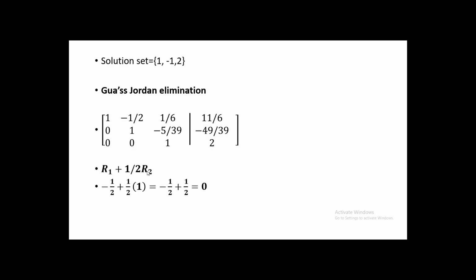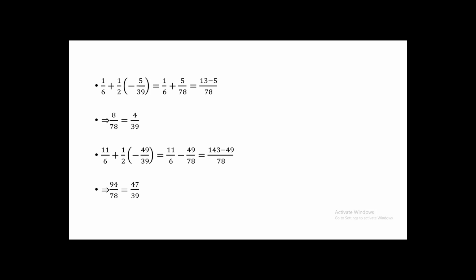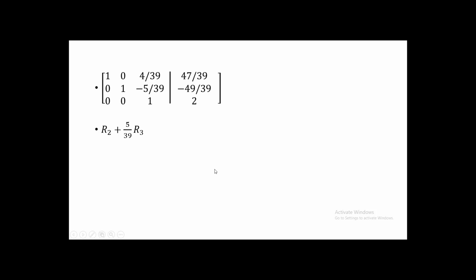The next element will be 1 by 6 plus 1 by 2 into minus 5 by 39. So this is what you get here, 4 by 39. Then for 11 by 6 plus 1 by 2 into minus 49 by 39, this is the final answer you'll get. Out here, see, 4 by 39, 47 by 39.